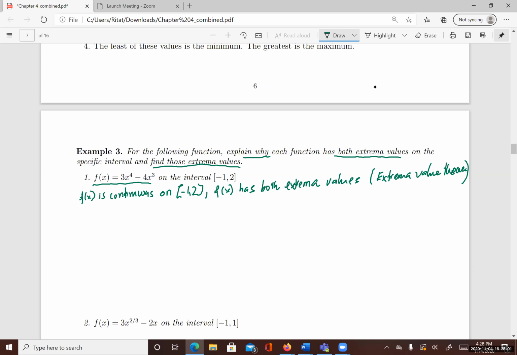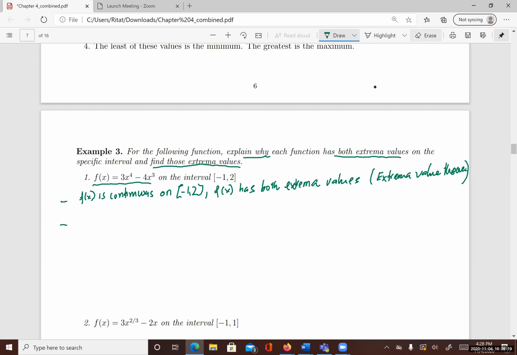It's always faster and always better to know that something we are finding exists somewhere. So that's the first thing. And the second thing is we have to find them.